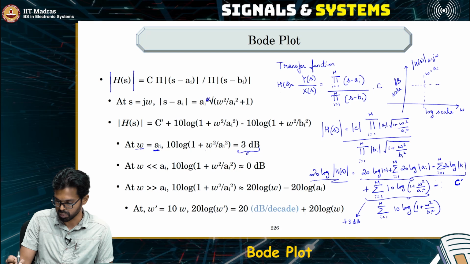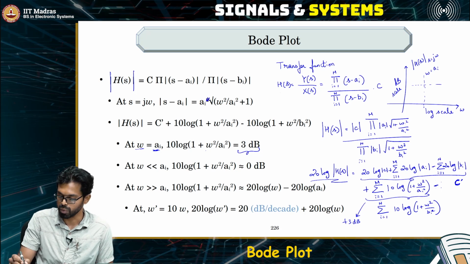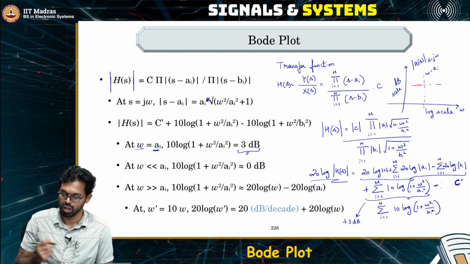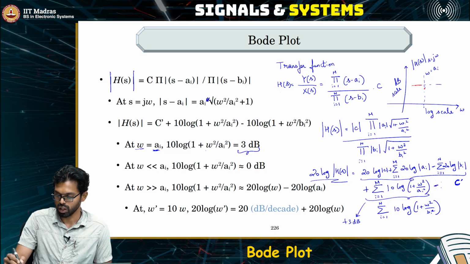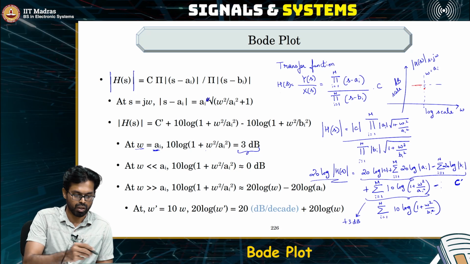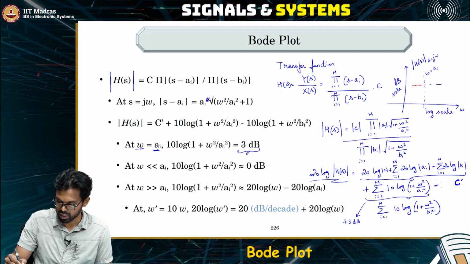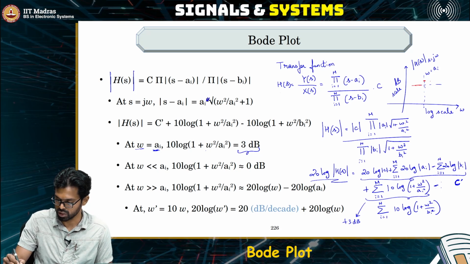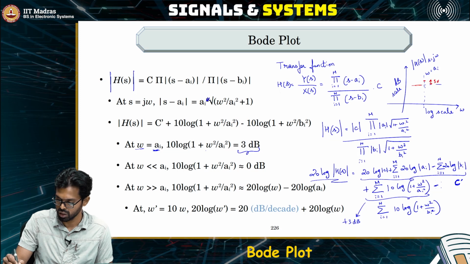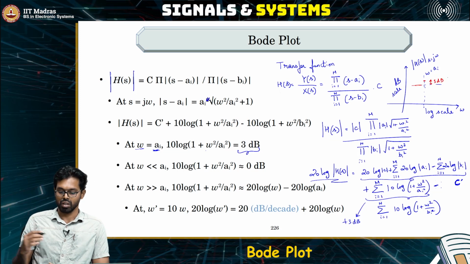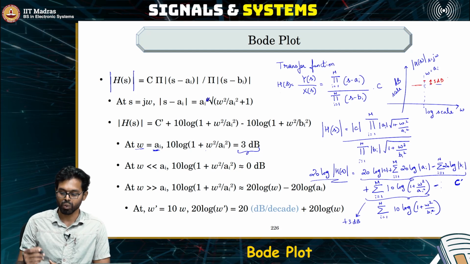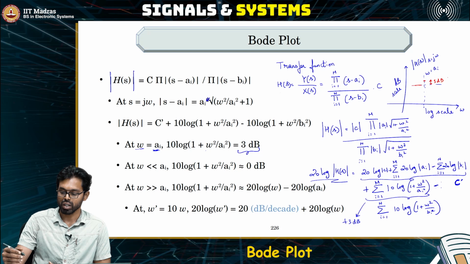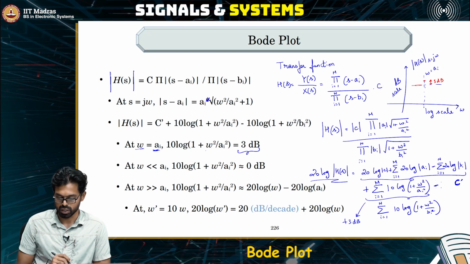There was some value present earlier, and compared to that value, what we now get is plus 3 dB. The earlier value, a little before omega equals ai, now has 3 dB more than what was present earlier.